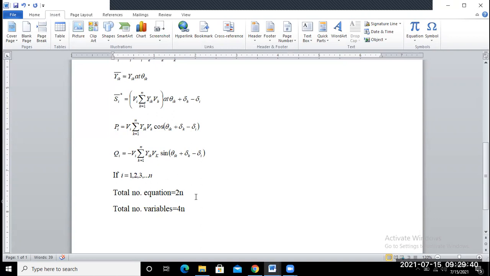For this we use an iterative method, which you may have already studied in mathematics: the Gauss method, Gauss-Seidel method, or Newton-Raphson method. We already discussed the Gauss and Gauss-Seidel methods in the previous class, so now we apply the Gauss-Seidel method to these load flow equations.